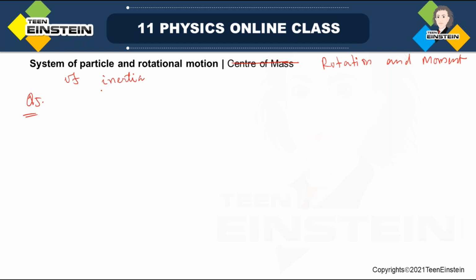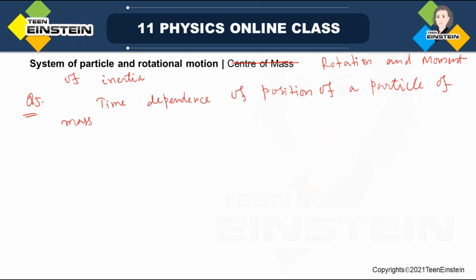The time dependence of the position of a particle of mass m is equal to 2 is given by r of t.